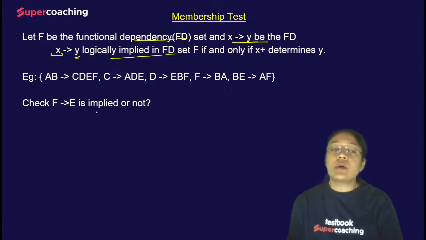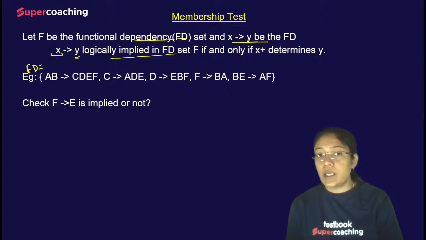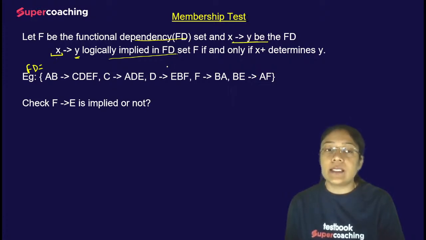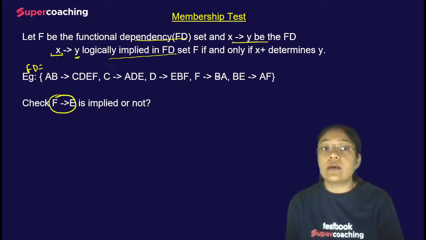Very, very simple concept. So let's assume this is the given functional dependency set. You are given a functional dependency set in which 1, 2, 3, 4, 5 functional dependencies are given. And we have to check whether F determines E is logically implied in the given functional dependency set or not.